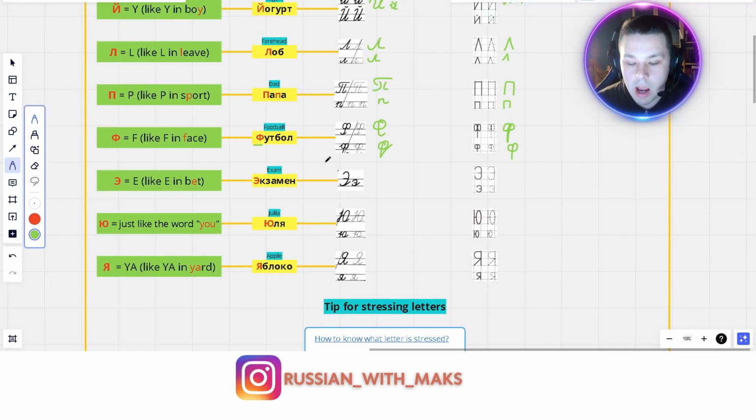And now the letter E, examen, examen. And the lowercase is exactly the same. And the print is also looking very, very similar. The letter U, Юля, Юля.